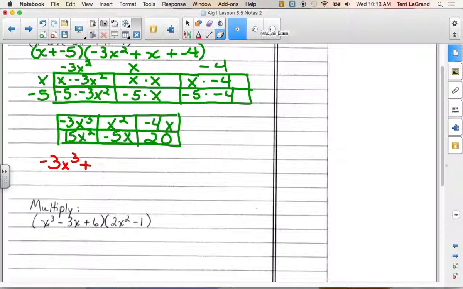Let me give you a little hint, because addition allows us to add in any order we want.